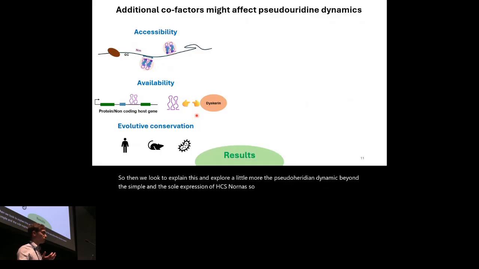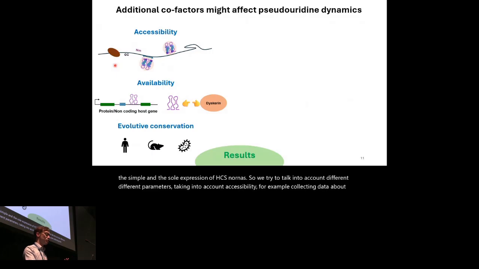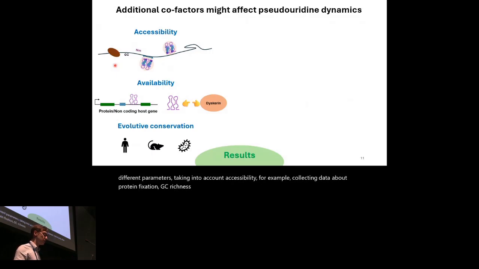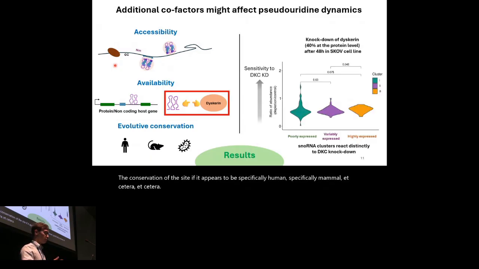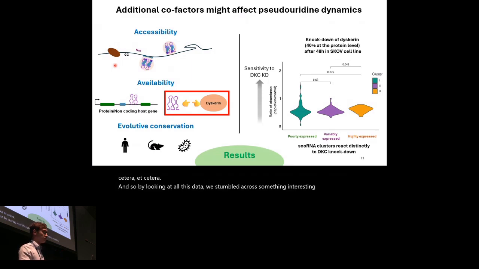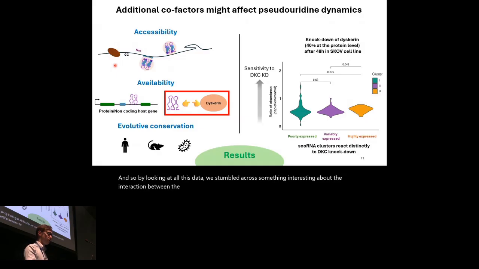We tried to take into account different parameters: accessibility, for example, collecting data about protein fixation, GC richness, proximal modification on the sites, also the availability of the snoRNAs, the way they are encoded in the genome, the different ways they bind to the core proteins, and also another layer with the conservation of the site, if it appears to be specifically human, specifically mammal, etc. By looking at all this data, we stumbled across something interesting about the interaction between the snoRNAs and the discrete protein.